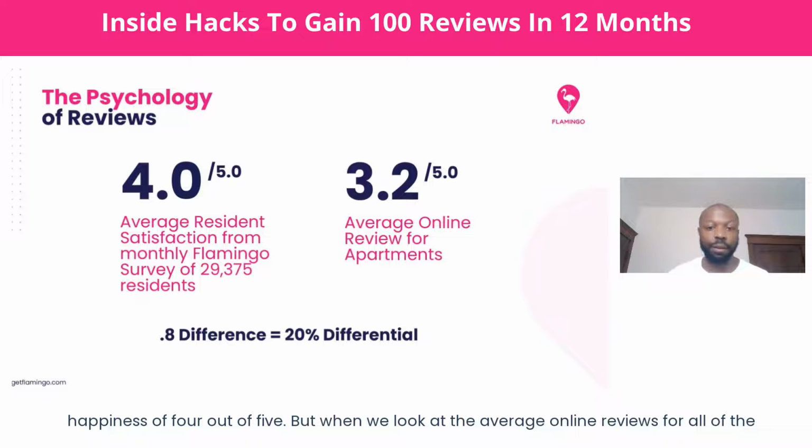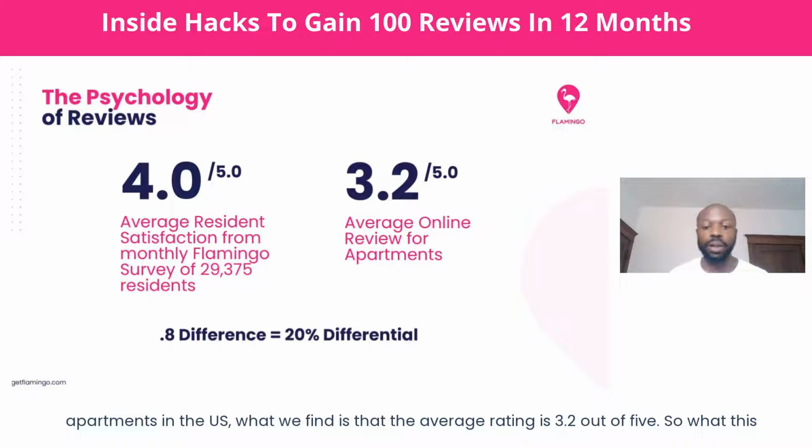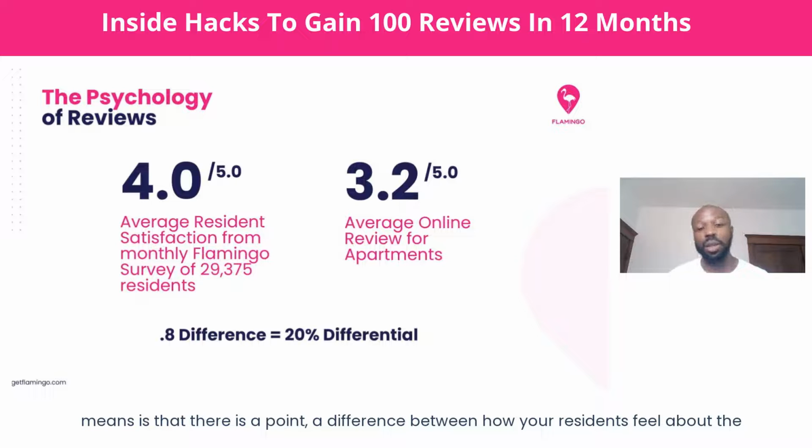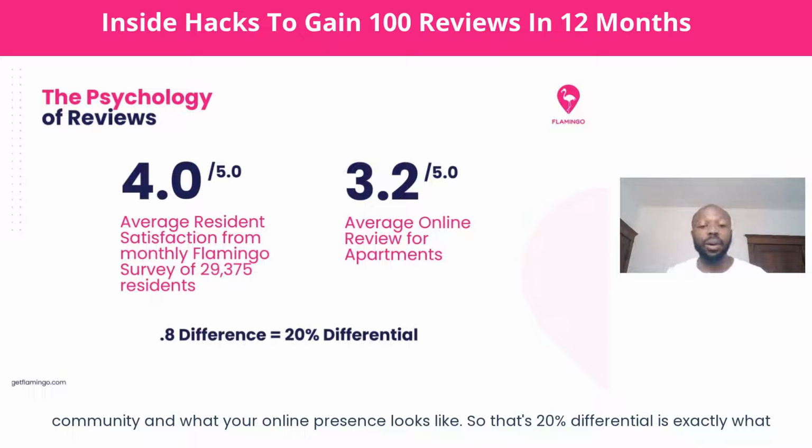But when we look at the average online reviews for all of the apartments in the US, what we find is that the average rating is 3.2 out of 5. So what this means is that there is a 0.8 difference between how your residents feel about their community and what your online presence looks like.